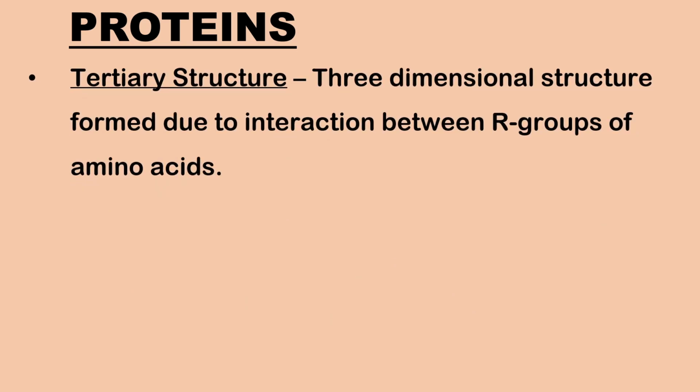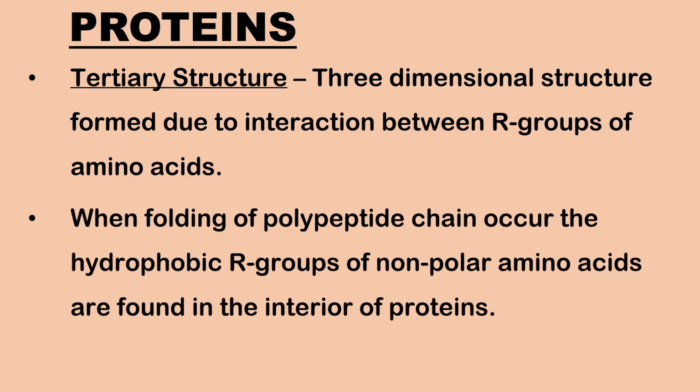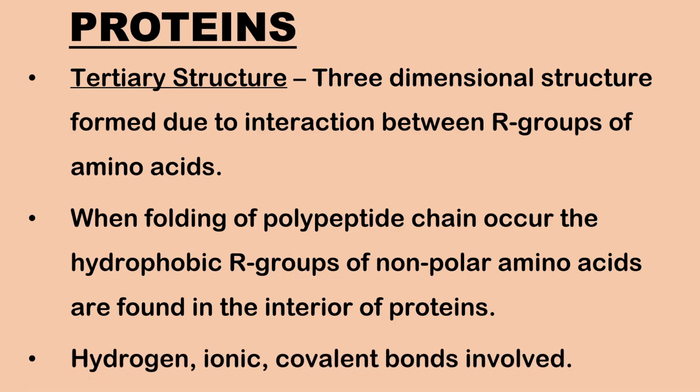Tertiary structure of protein is a 3-dimensional structure formed due to the interaction between the R groups of amino acids. When folding of polypeptide chain takes place, the hydrophobic R groups of non-polar amino acids are found in the interior of the protein, while the hydrophilic R groups are seen on the outer side.